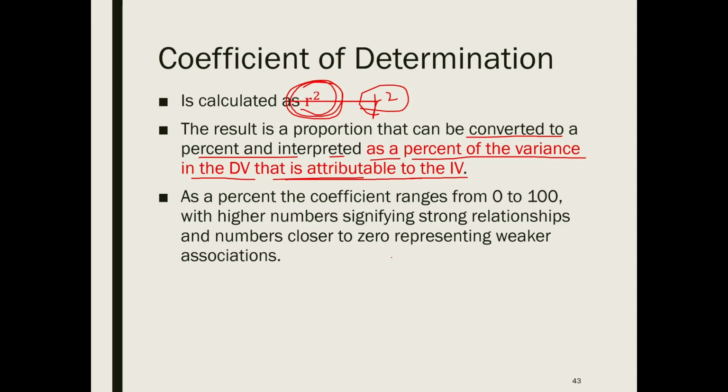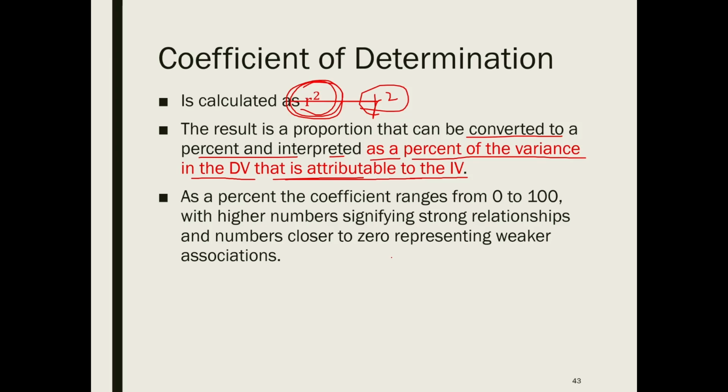That means when the independent variable changes, the dependent variable will change. But in social science there is almost no one-on-one relationship. There are many independent variables that can impact the dependent variable, but in correlation we can only examine one.